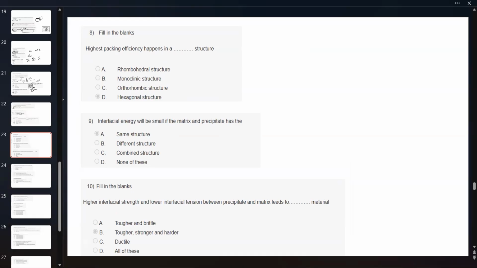Highest packing fraction comes in, again, you remember a bit of crystallography.